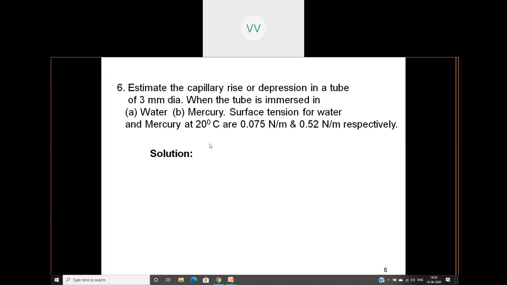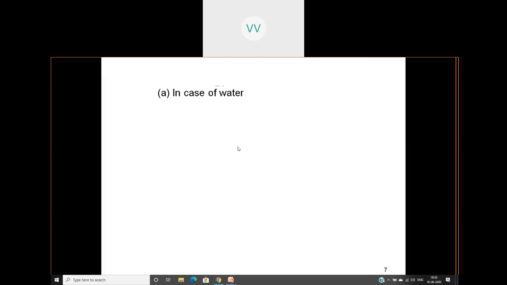So let us first write down the given data. Capillary rise or depression is given by an expression which we derived in the previous class: 4 sigma cos theta by WD. Now in the case of water you have capillary rise.